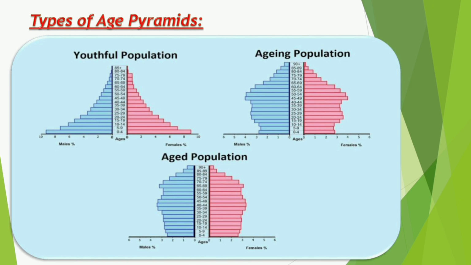Such populations grow very slowly or even decline over time. Countries like Japan and many European nations show this type of structure. In simple terms, fewer young people, a big chunk of older people, and a slowly shrinking population.